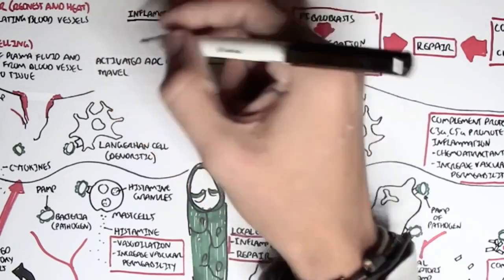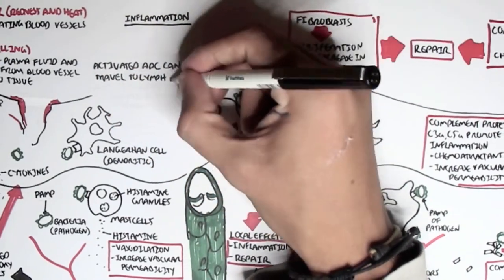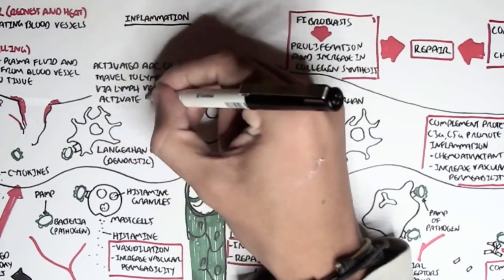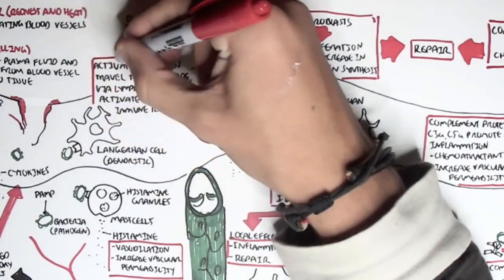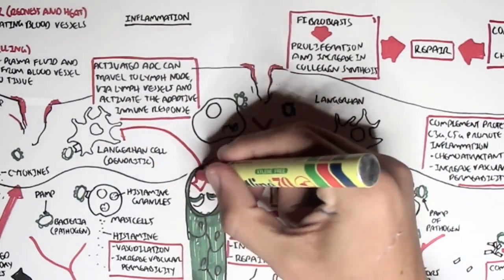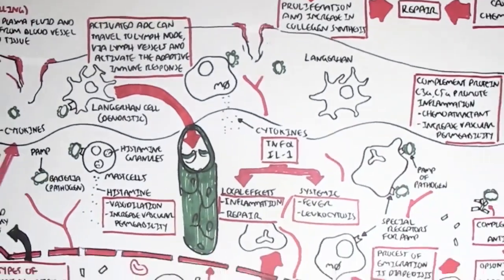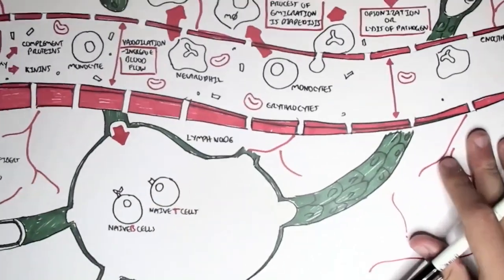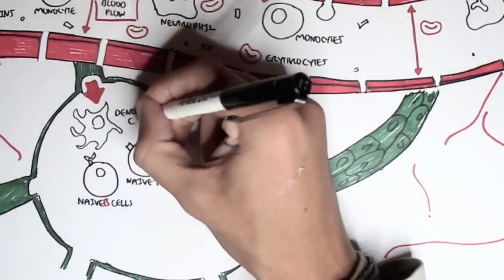This will activate the antigen-presenting cell, which will then allow them to travel to the lymph node via the lymph vessel and to activate the adaptive immune response, to activate the cells within the lymph node, the naive B and T cells. So here, this dendritic cell, upon activation, travels to the lymph node with the antigen of the pathogen. And with the pathogen, it will activate the naive B cell and T cell.